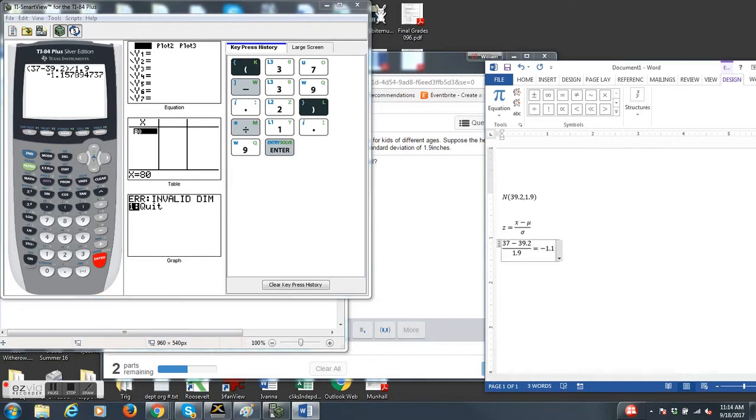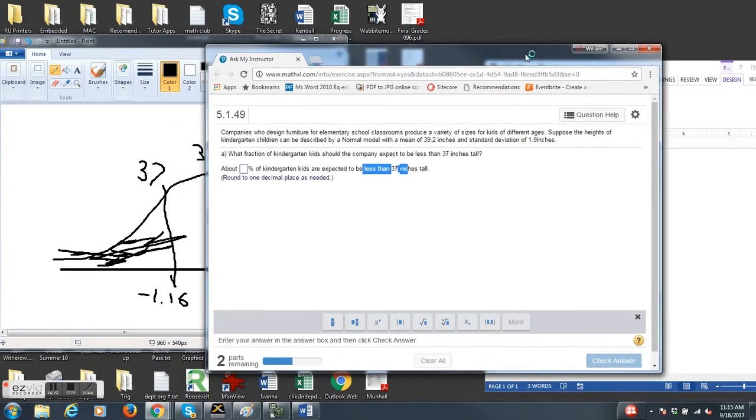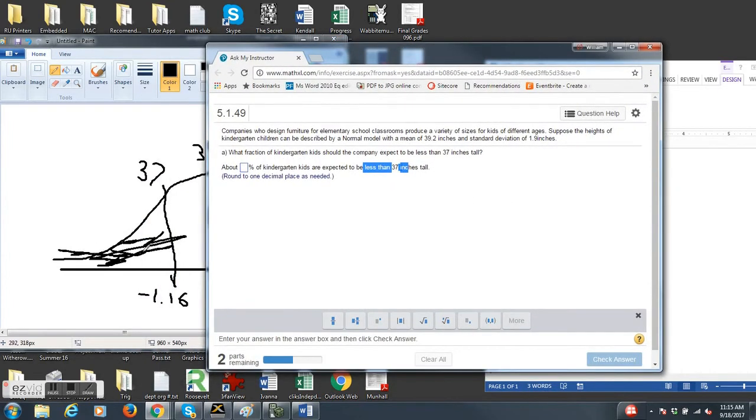So that's what this is right here. The question, the fraction or percentage, is this area to the left of negative 1.16. It says less than, that's why I go to the left.